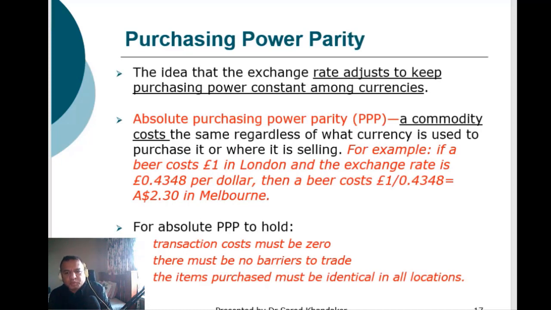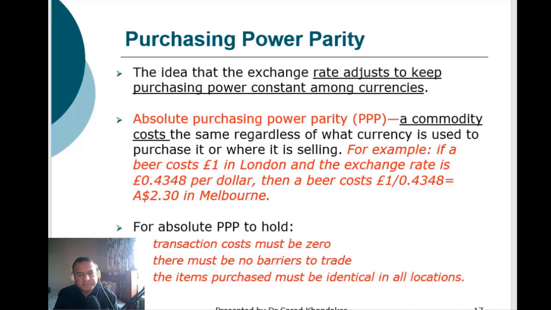Now we also need to understand what is called the purchasing power parity. So the PPP, or the purchasing power parity, is an idea that the exchange rate adjusts to keep the purchasing power constant among the currencies. The absolute purchasing power parity, or PPP, says a commodity costs the same regardless of what currency is used to purchase it or where it is selling.